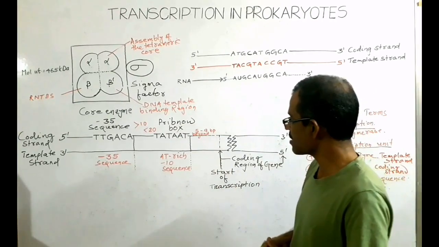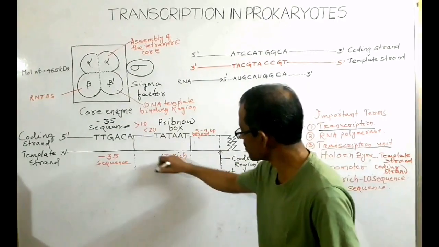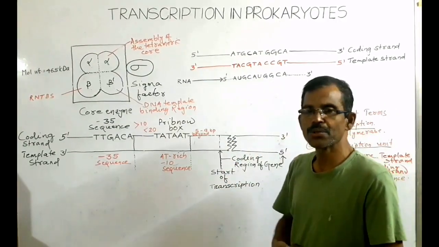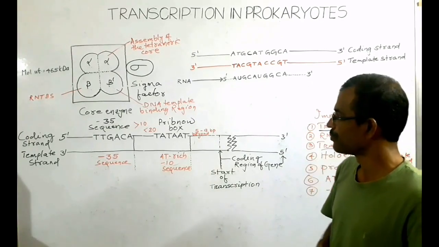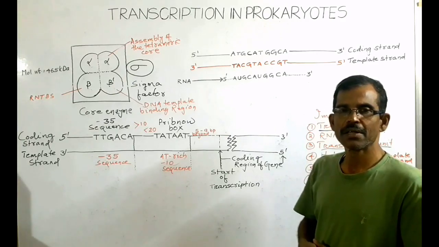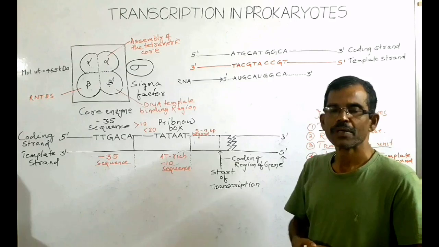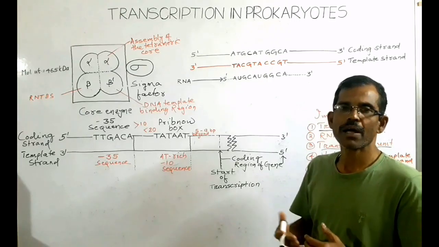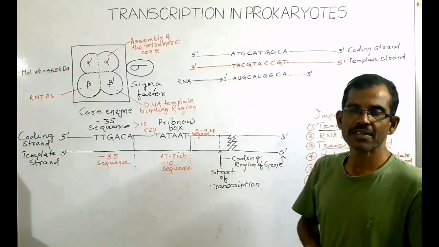So the localized unwinding that occurs at this AT rich sequence leads to the creation of the transcription bubble. So the transcription bubble is a specific region in which there is localized unwinding. After localized unwinding, the process of initiation starts.